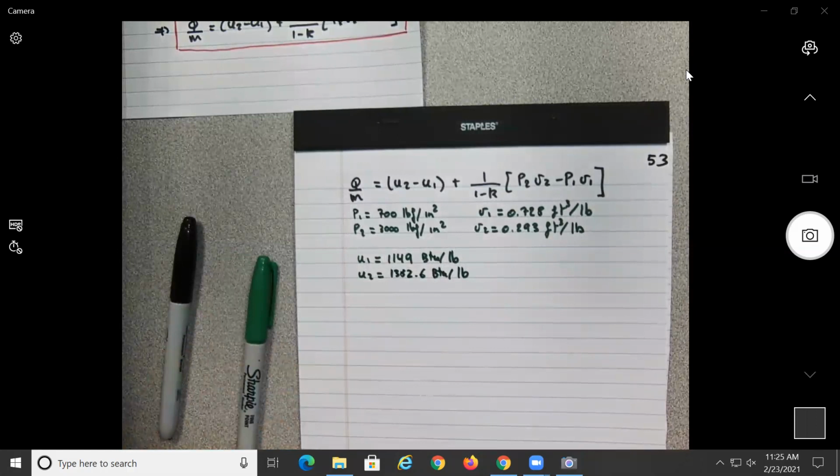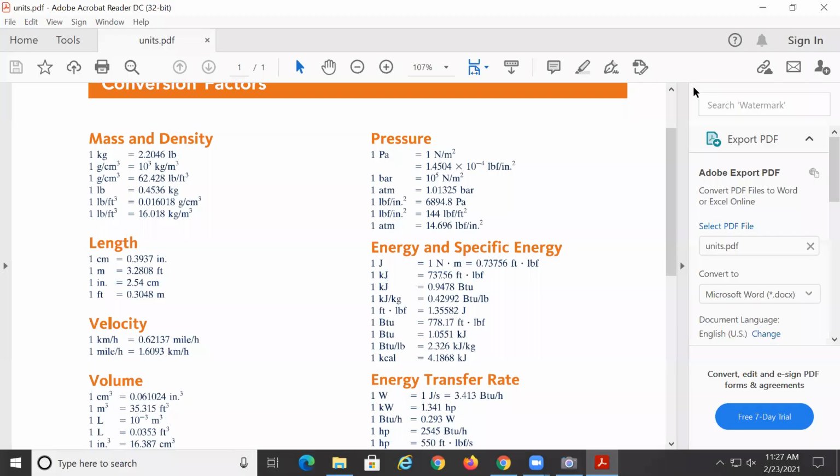All right, guys, you're going to need this space. So let's write down the relation between BTUs and foot-pound force. We know that 1 BTU is equal to 778.17 foot-pound force, okay?